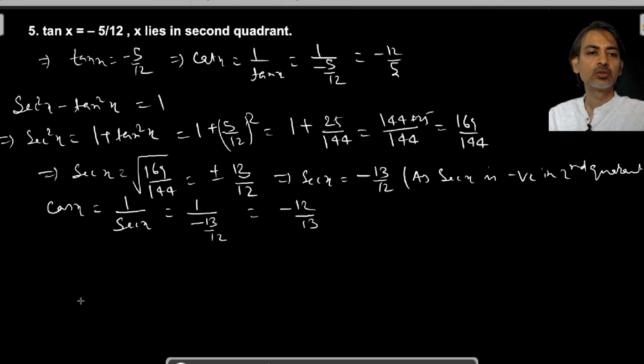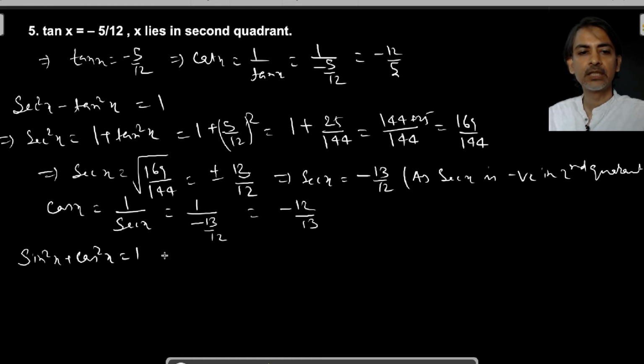Alright. So you can see this is the process we are following. Given tan x, we are getting sec x. Given sec x, we are getting cos x. Given cos x, we are getting sin x, because we know some of the trigonometric identities. So what is it that we get? We get sin square x plus cos square x equals 1. This gives me sin square x plus minus 12 by 13 whole square equals 1.